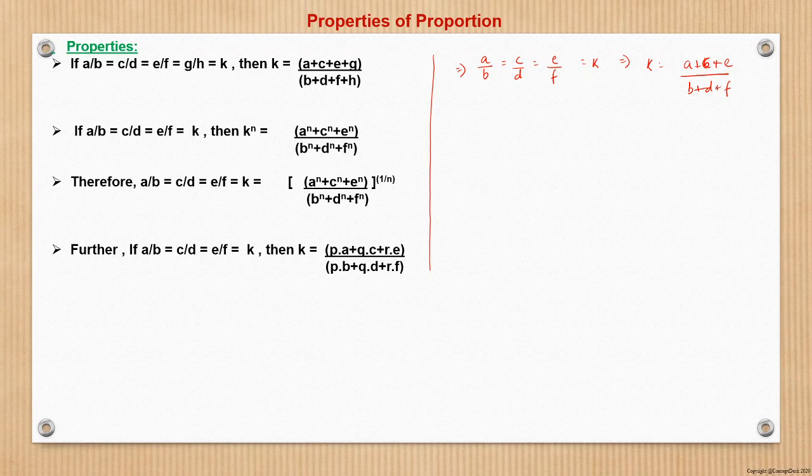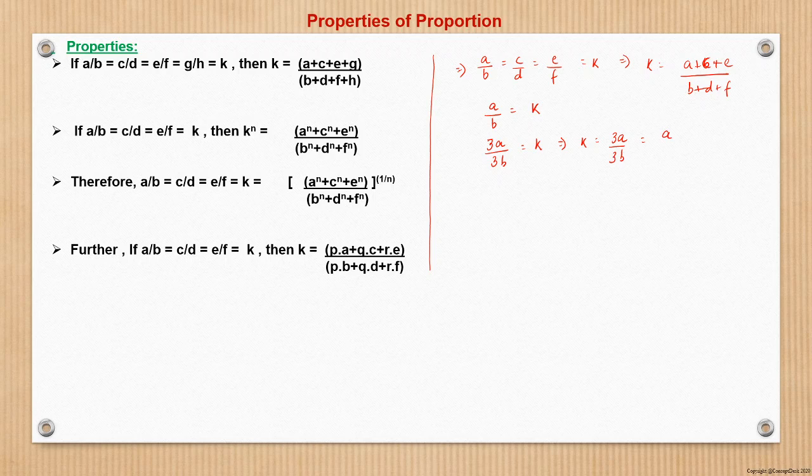I mean, this is very simple. Let us assume that A by B is equal to K, right? So I can also write this as, suppose 3 times A upon 3 times B will also be K, right? I'm just trying to prove this empirically. So this is also true. So this means that K is equal to 3A upon 3B.